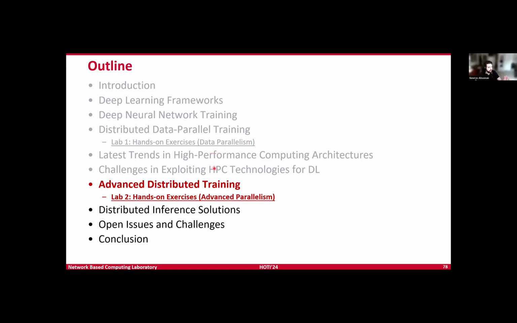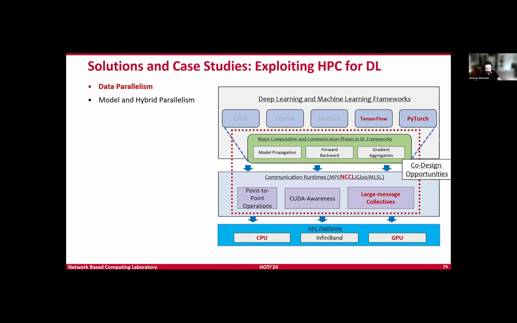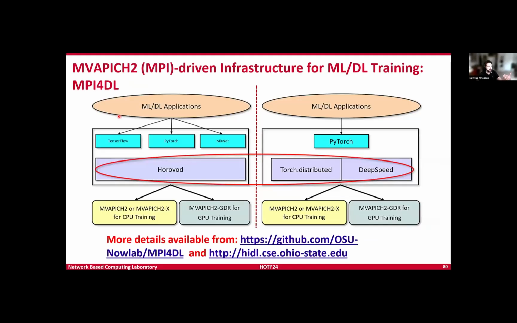Okay, so this next section will be about advanced distributed training. What we talked about previously is the data parallel training, where the model does fit in the memory of a single GPU. But now we're going to look at more advanced cases within data parallelism and then some cases with model and hybrid parallelism, where again we need more memory beyond a single GPU.